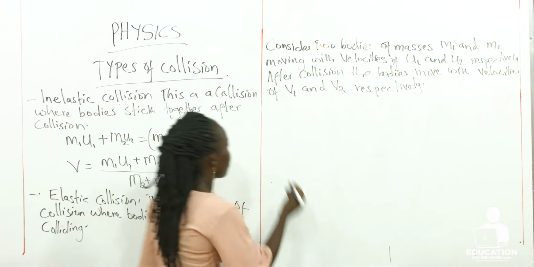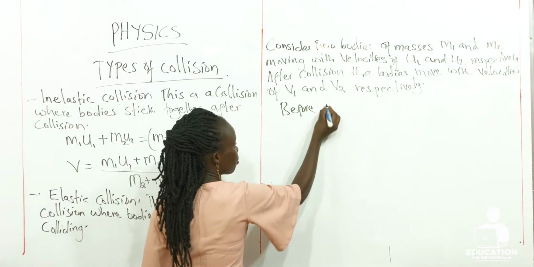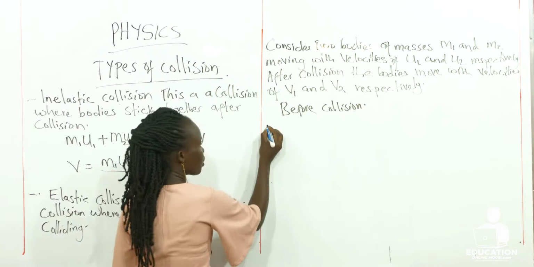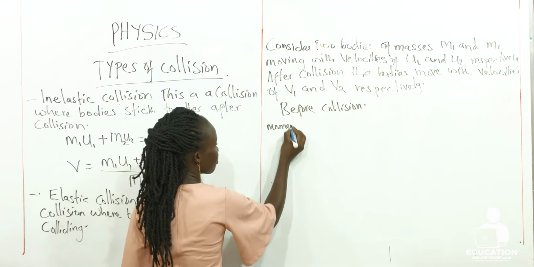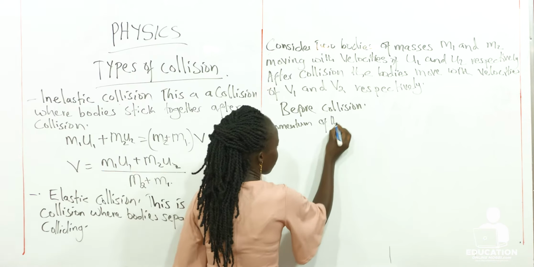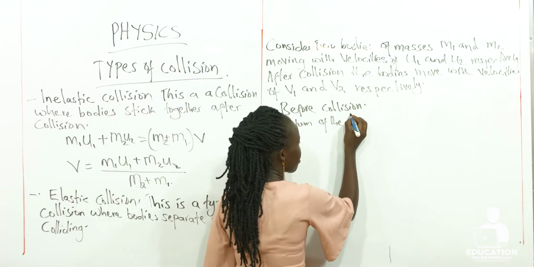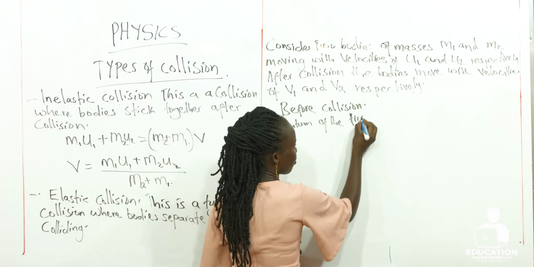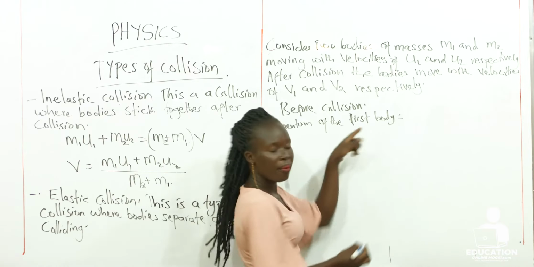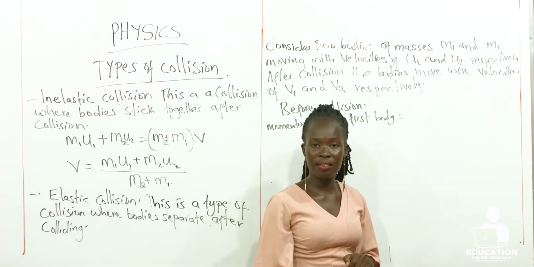So let's see. Before collision, we shall have the momentum of the first body, which gives us the mass of that body times the velocity with which the body was moving.